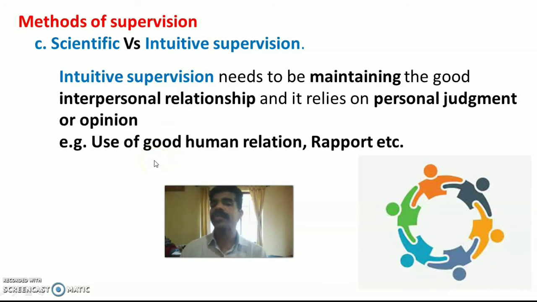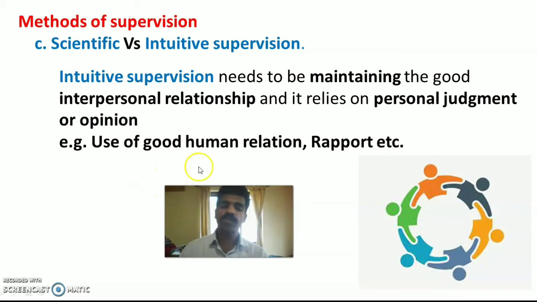The last one is the intuitive supervision method. This is just the opposite of the scientific supervision method. Intuitive supervision needs maintaining good interpersonal relationships between the supervisor and supervisee, and this relies on the personal judgment or opinion of the supervisor. Here the supervisor personally judges or supervises the employees by making good interpersonal relationships and good rapport.